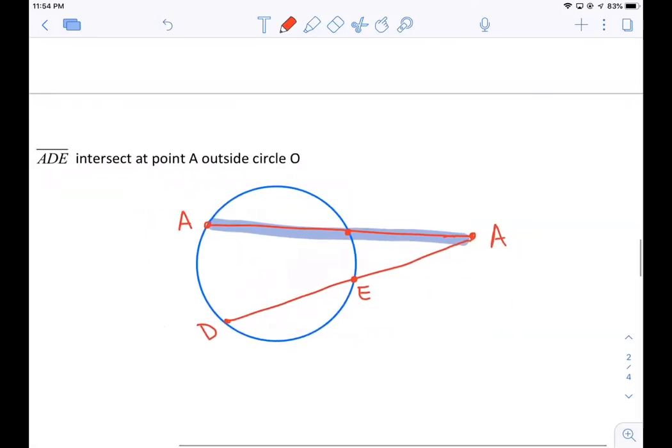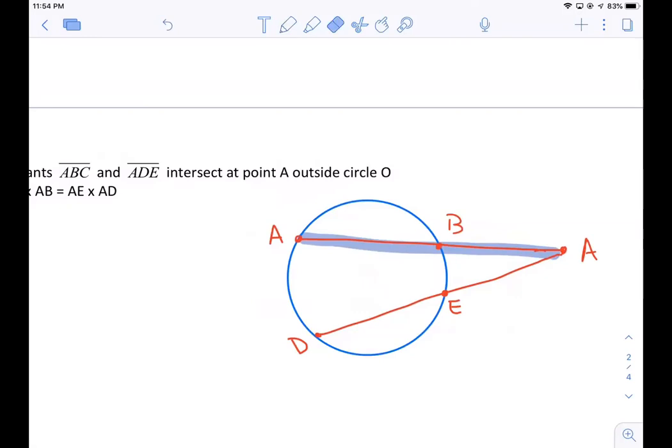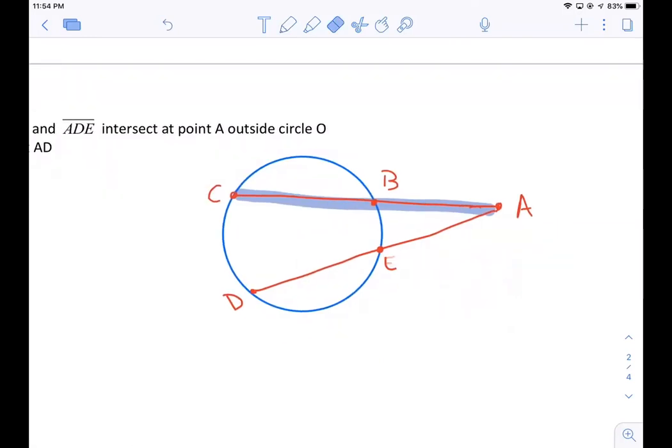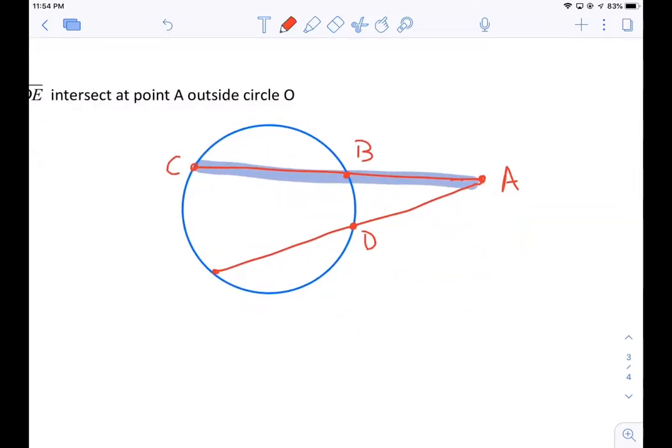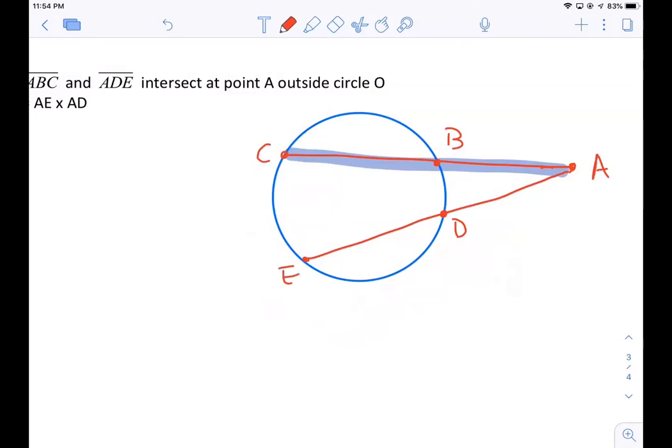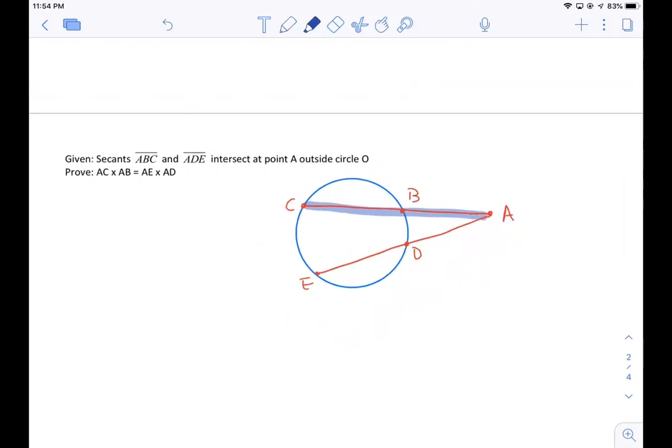So A, B, C, and A, D, E intersect at point A outside circle O. All right, that looks good. We're going to prove, all right, entire secant AC, right, times the external portion, BA equals AE times AD.